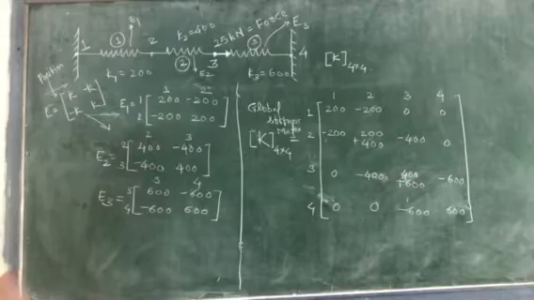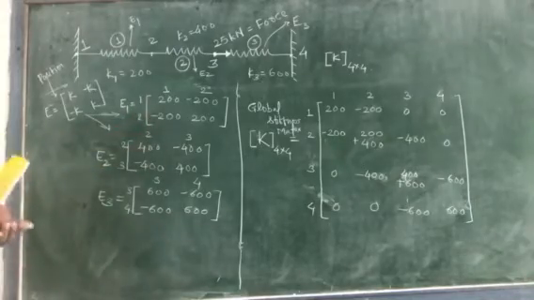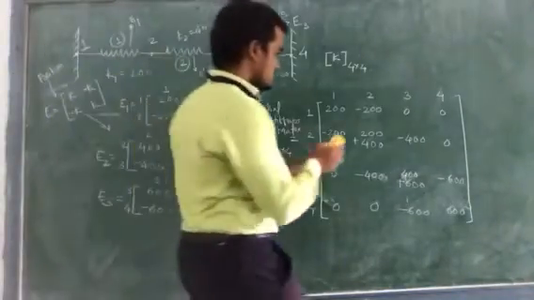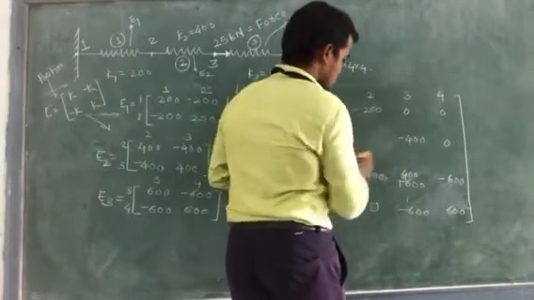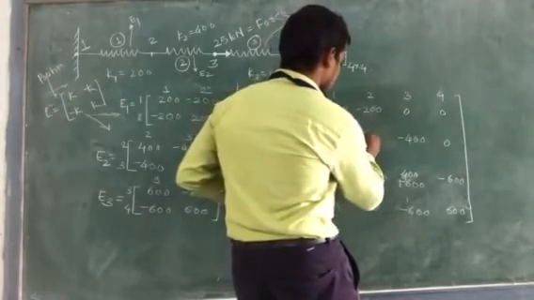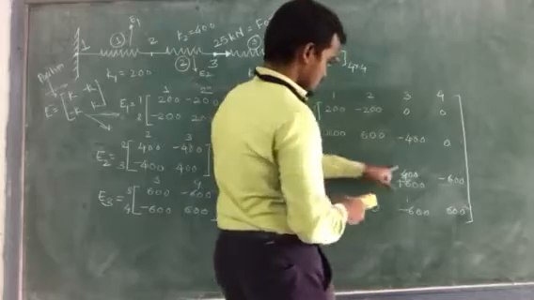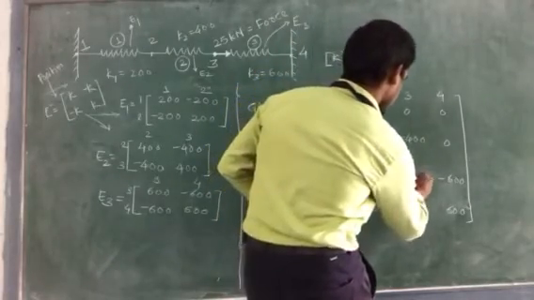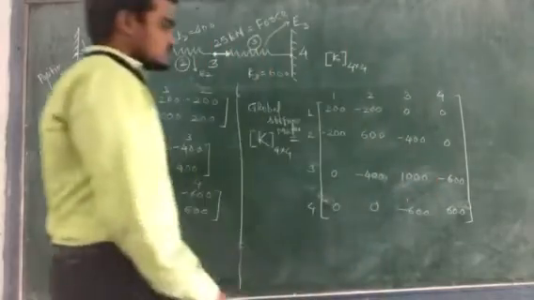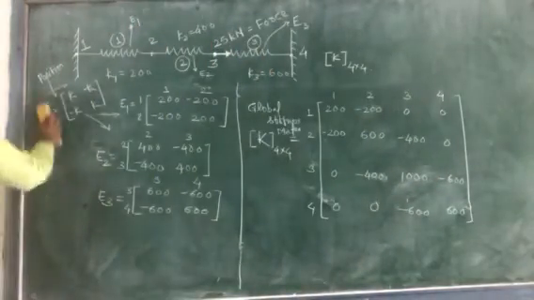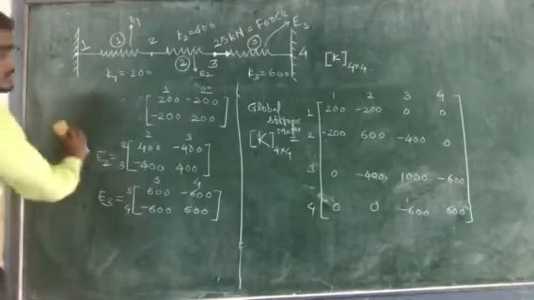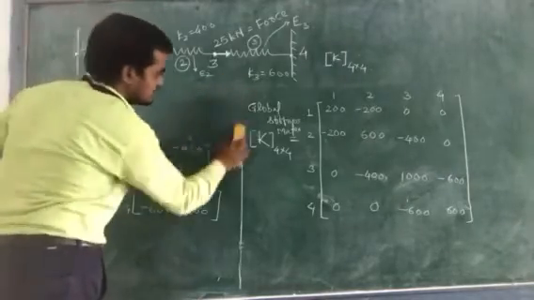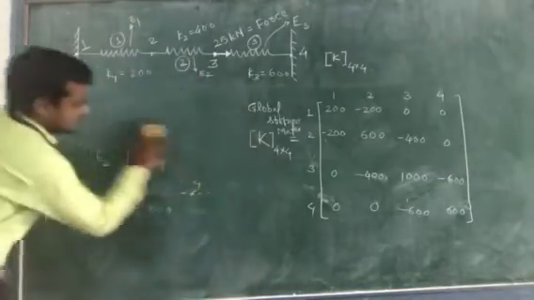So simply add these two terms, 400 plus 200 will become 600. Finally 600. Then 400 plus 600 it will become 1000. So finally you will get the global stiffness matrix.